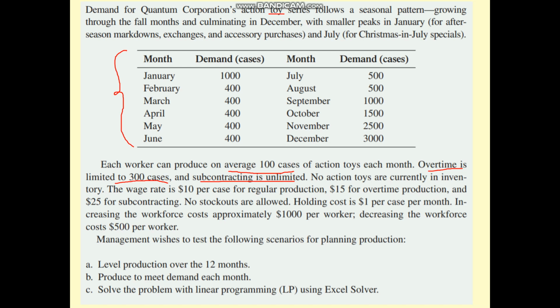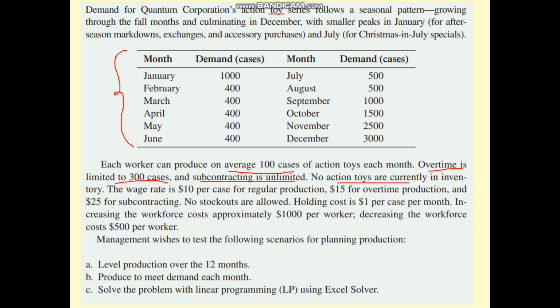So what is subcontracting? It means when you don't have enough products to sell to your customer, and even if your workers work overtime you still don't have enough products, you can sign another contract with a third party and ask them to help you produce the products to sell. So it's called subcontracting.